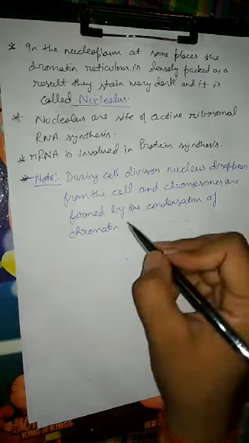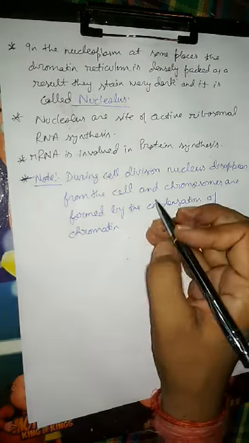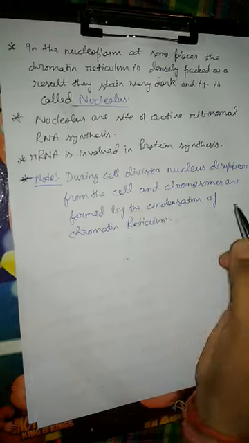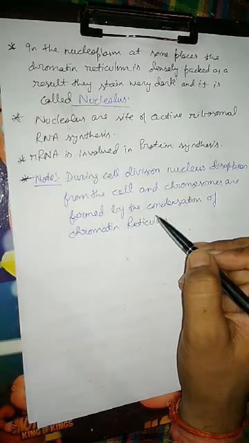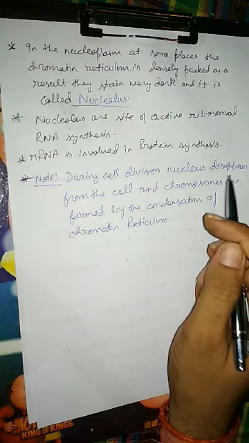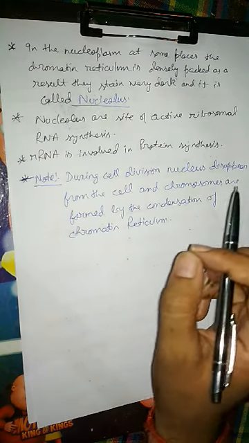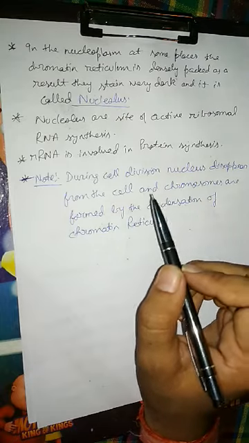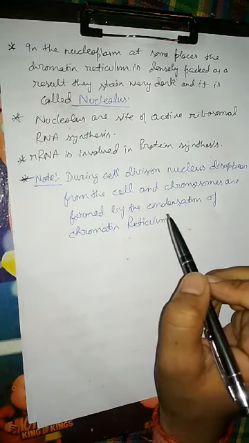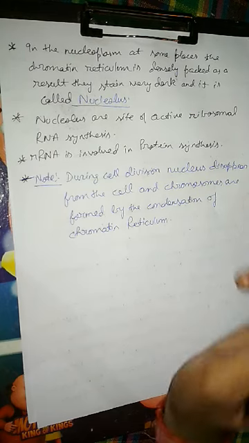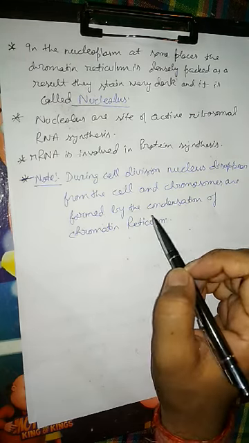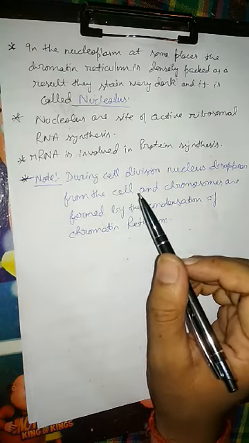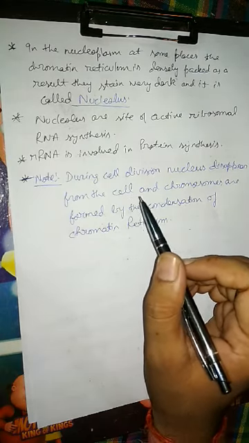Chromosomes are formed by the condensation of chromatin reticulum. We can say chromosomes are only visible inside the cell when the cell is dividing. If somebody asks whether in a non-dividing cell you can observe the chromosome or not, obviously not. So basically what is a chromosome? We can say a chromosome is the condensed form of the chromatin fiber, or chromatin reticulum.